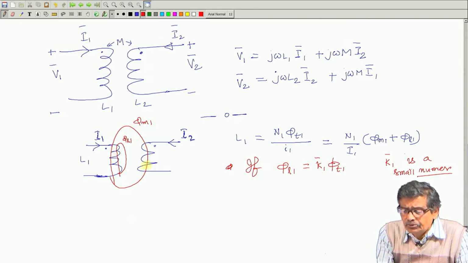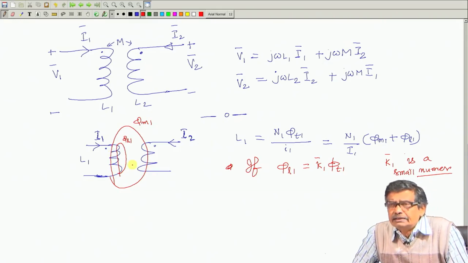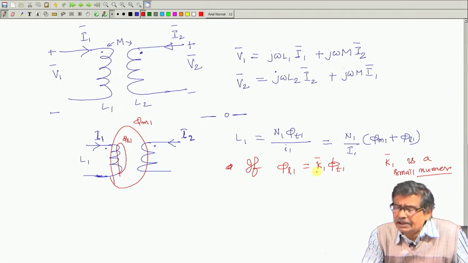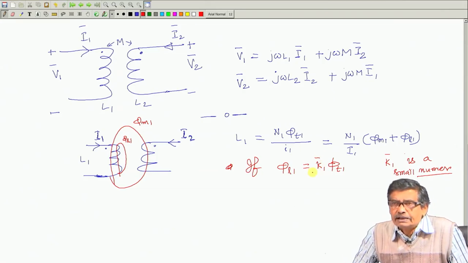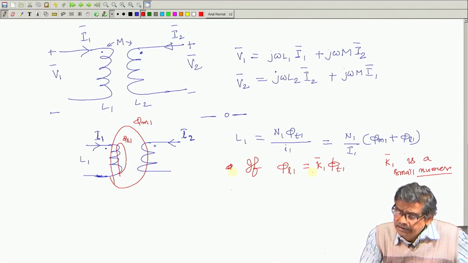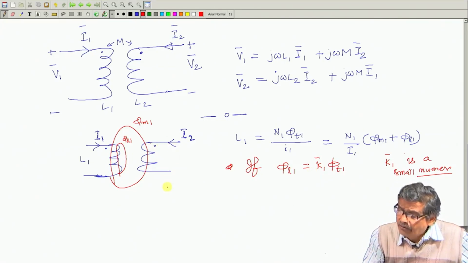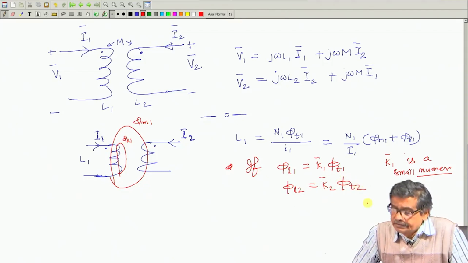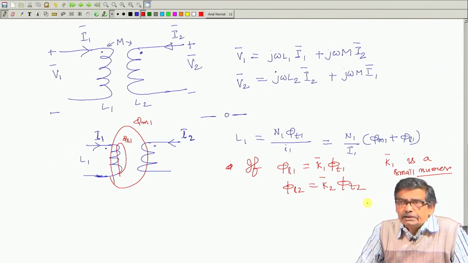If you bring these two coils in close proximity and things like that, then leakage flux can be reduced. But anyway, suppose K1 bar will be a number, say 0.1, 10%, maybe further less than that, 5%, 0.05. And similarly, going to the second coil, I can say the leakage flux of the second coil will be some percentage of the total flux created by the second coil. Phi T2 is the total flux. So this way it can be written.